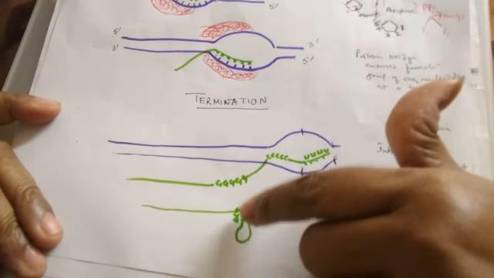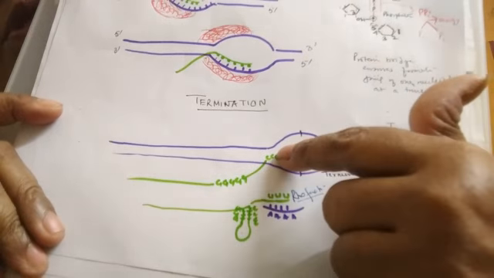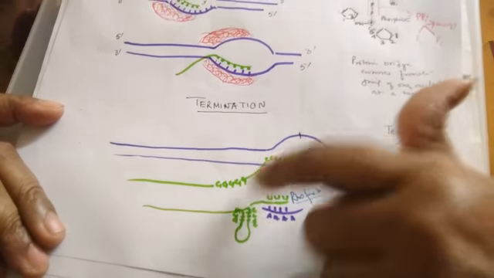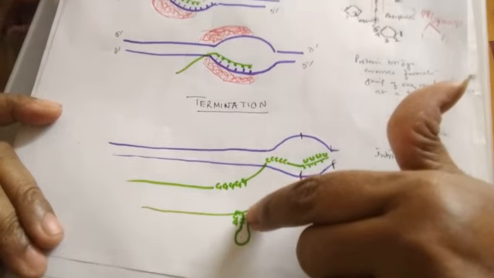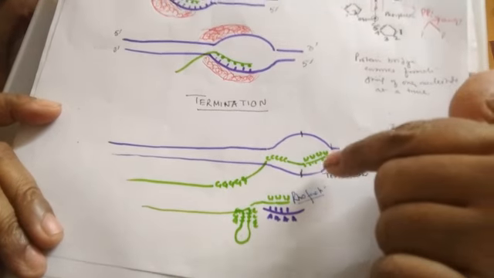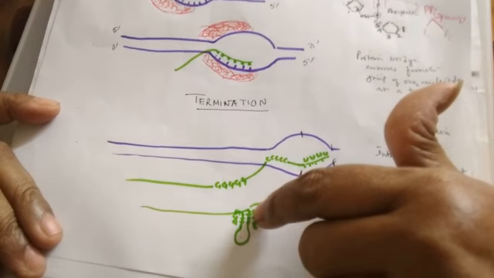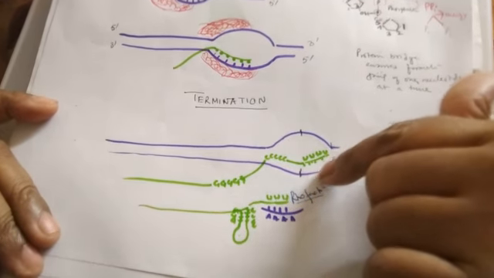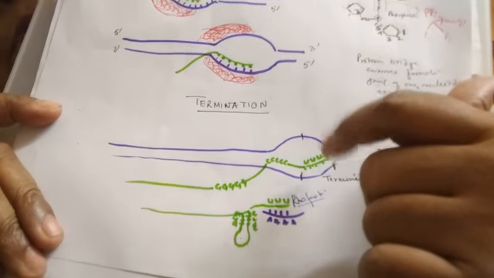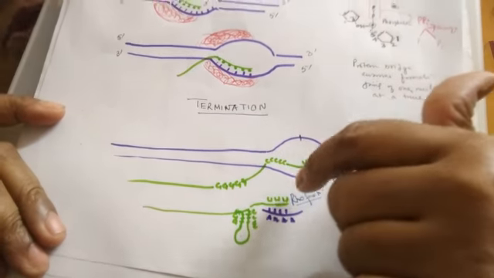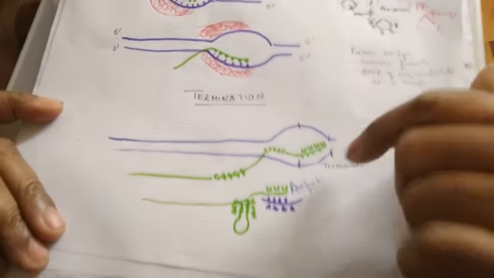Clear? And we know guanosine forms 3 hydrogen bonds with each cytosine, so this is very strong bonding compared to the adenine uracil bonding, and thus it helps to break the adenine uracil bonding and release the chain from the DNA.